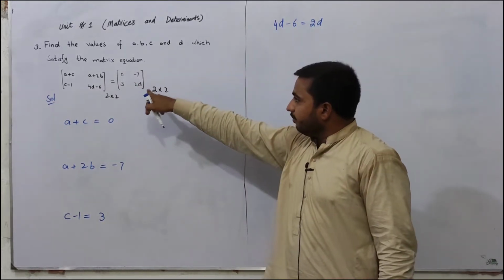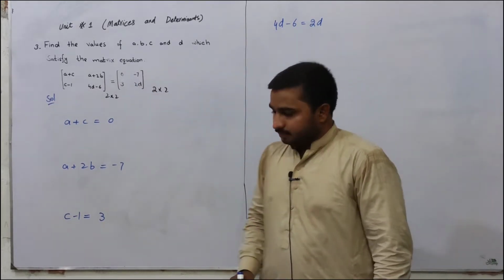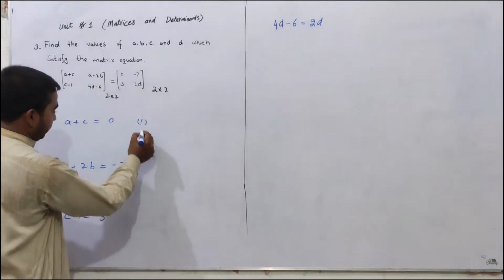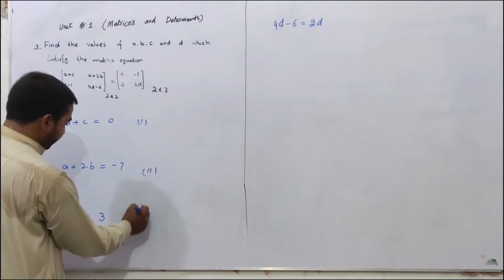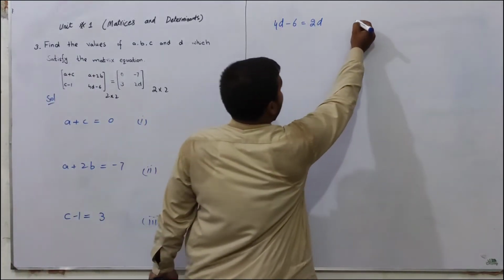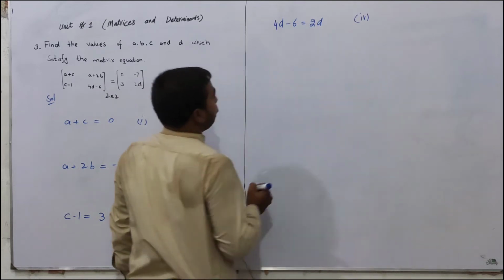The corresponding elements are equal. We say that this is the first equation, the other is second, this one is third and this one is fourth.